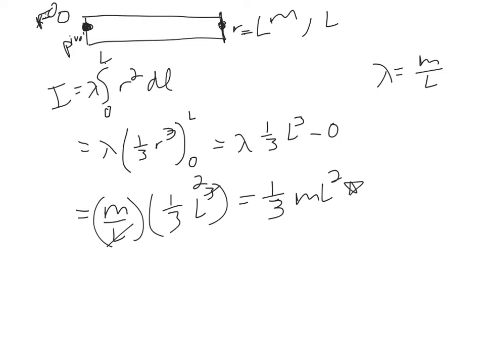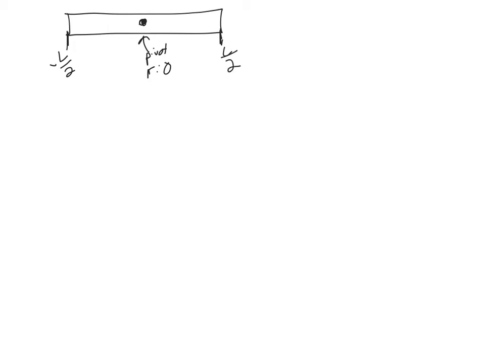Now, let's do another practice where instead of doing it at the end, we'll do it right in the middle. All right, so here's my rod. The pivot now is going to be right in the middle, which means that, because I want to go from this end to this end, and since this pivot is r equals 0, this end is negative L over 2, and this is L over 2.